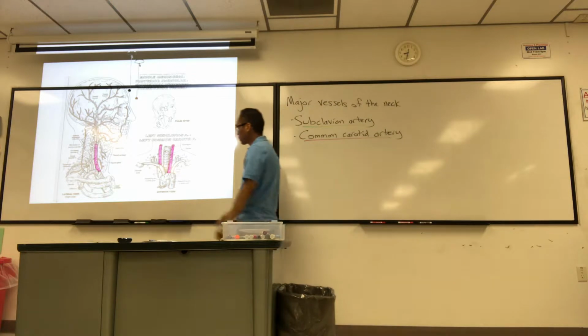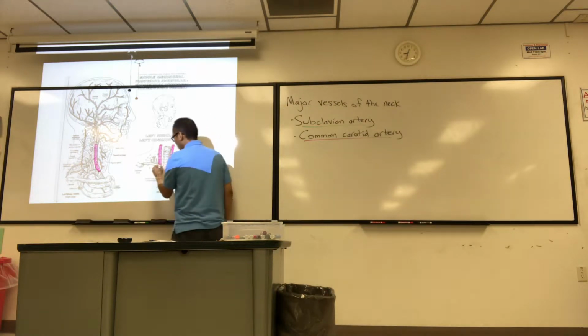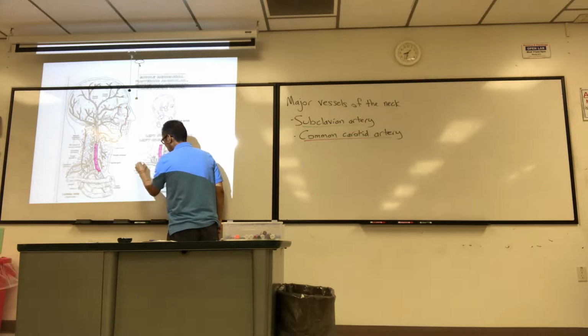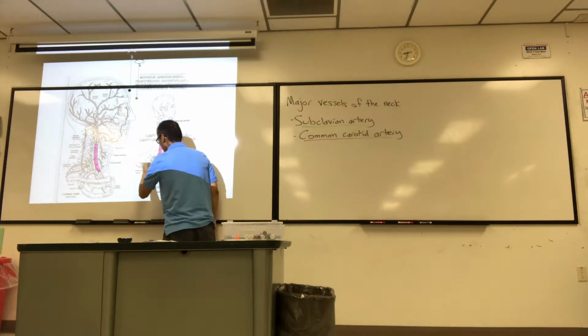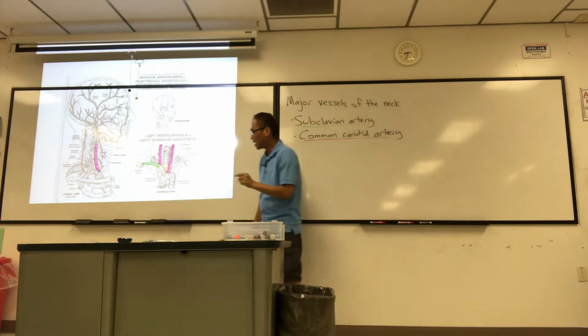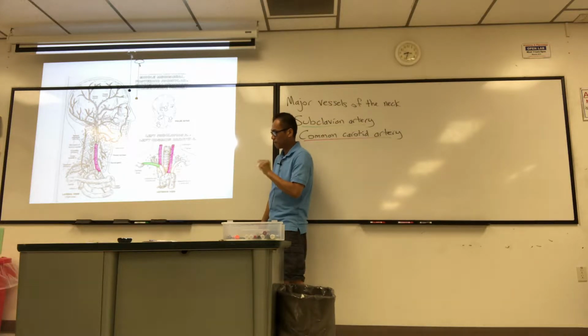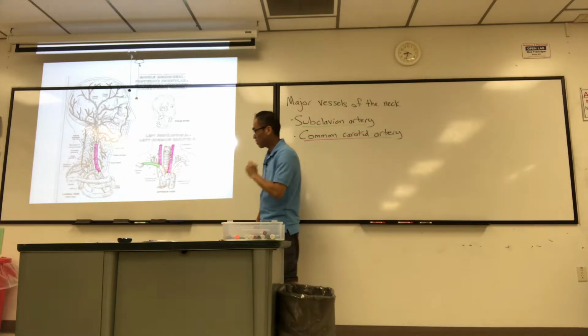On this picture, on the right and the left, here's the one on the right, branching off of the brachiocephalic trunk on the right side. Now the left side, it branches directly off of the aortic arch, the subclavian artery.